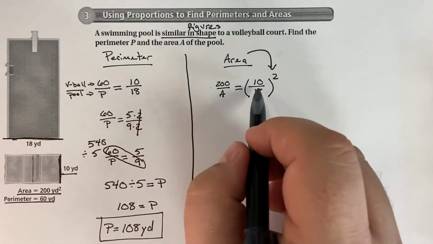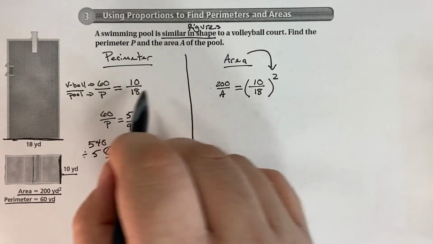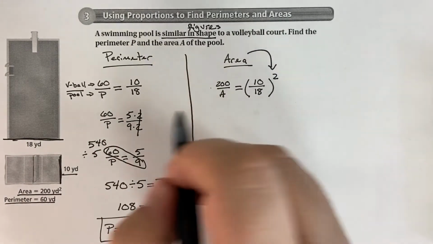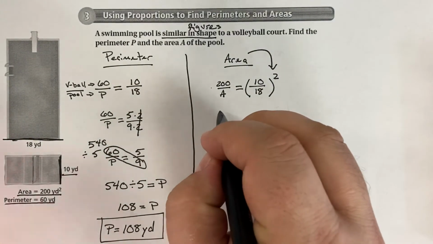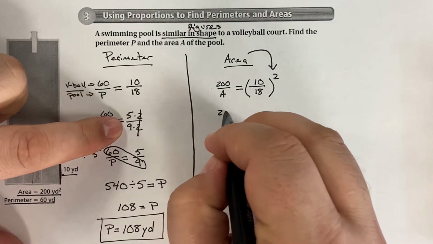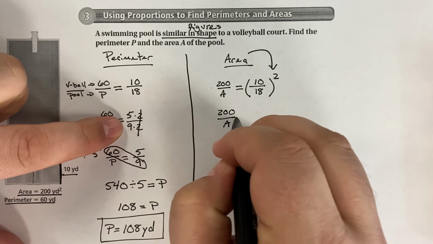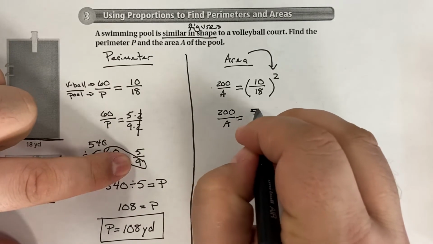All right, couple things to see here. Here we ended up with the same ratio, 10 to 18. So I already know that I'm going to get to the same answer, so I can go ahead and skip this step to show my simplifying and just write down 5/9.